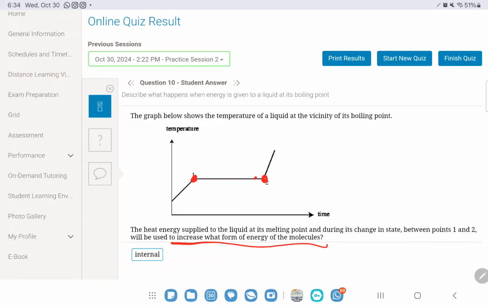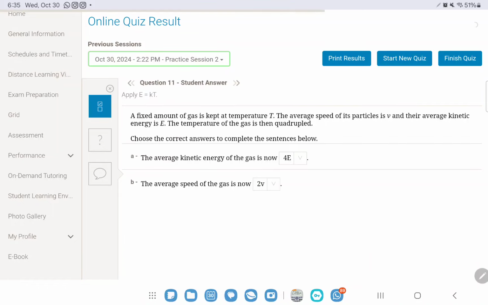No. But we know temperature is heat, temperature is energy. Where is that energy going? It's not going anywhere. It's turning into internal energy. Whenever you see the energy form of molecules when you're changing between 2 states, the only energy that the molecules will have is internal. That's it. This question came last week.